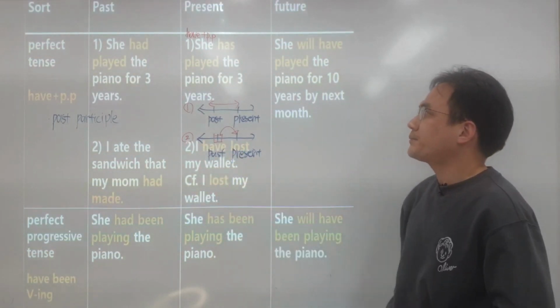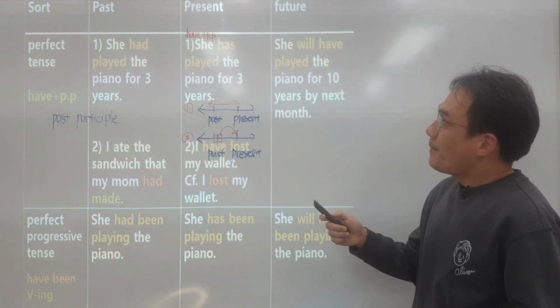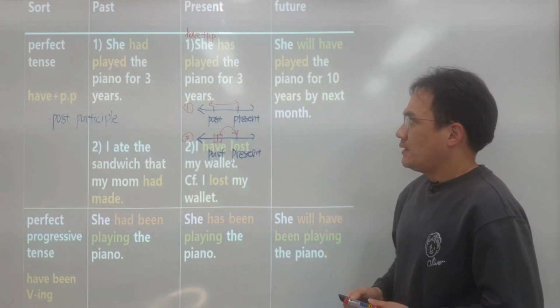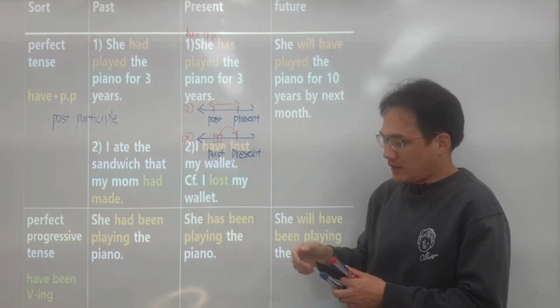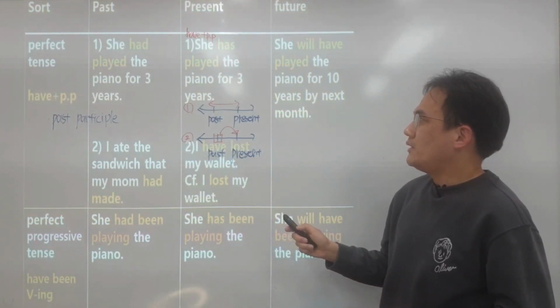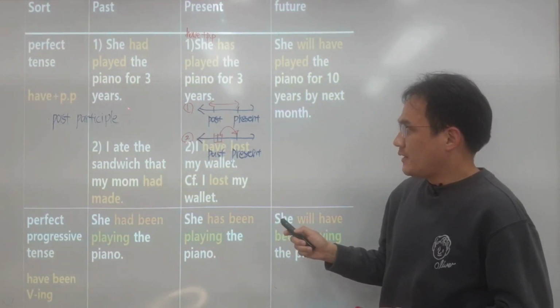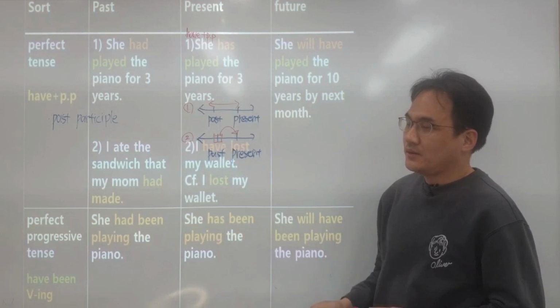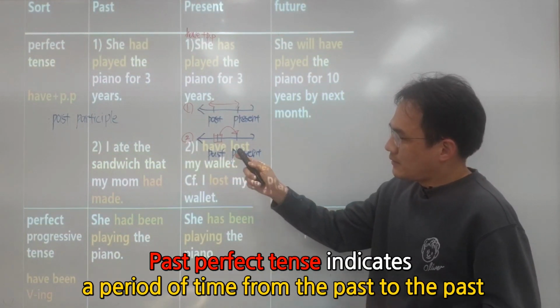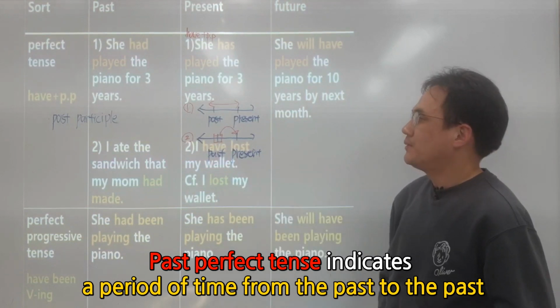It means that. And let's take a closer look at past perfect tense. Past perfect tense is also understood in two ways. One is a period of time from the past to the past, where the action is completed in the past.